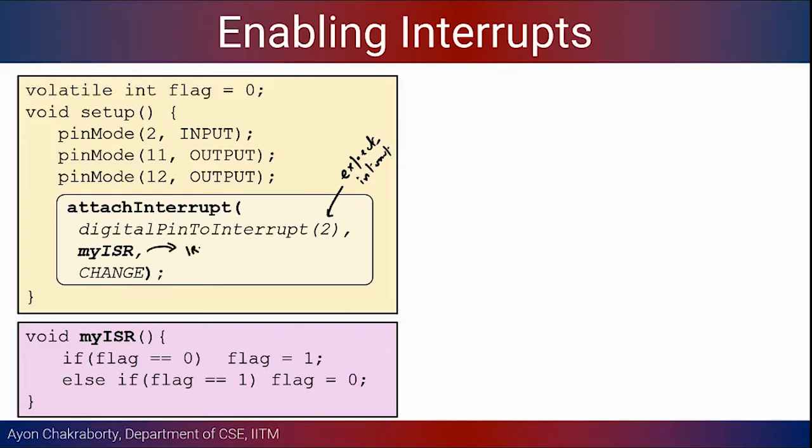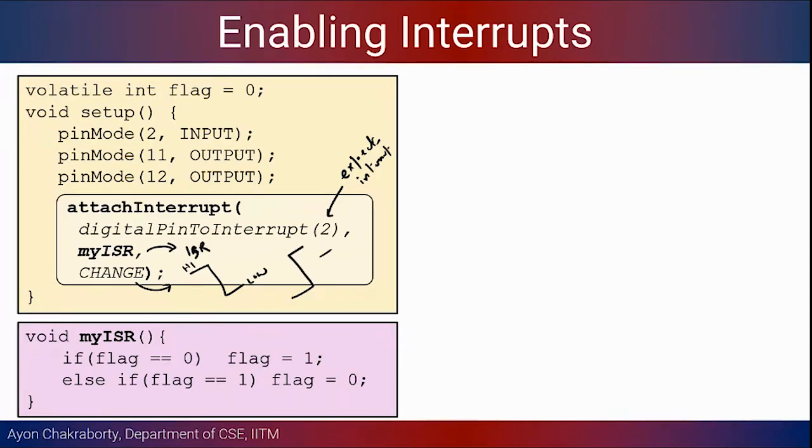This is the ISR, and then there are many things you can look at regarding the state of the particular pin. In this example, this is pin number 2. It could be any change. It could be from high state to low state. It could be the rising edge: if it is only from low to high, then you raise an interrupt, otherwise not.